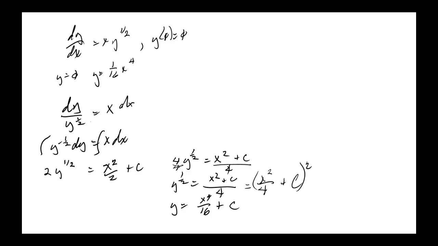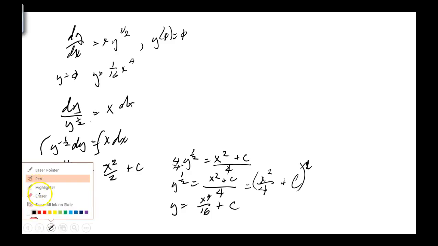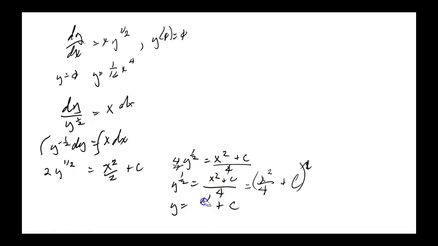This is the solution they get. Okay, y to the 1/2 was equal to that, so then you square this and you get y is equal to 1/4 x squared plus c squared. And that's the solution they got.